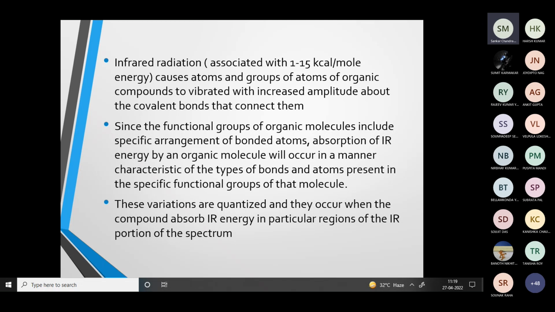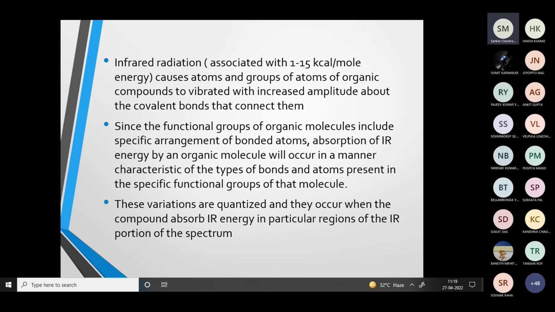Spectra is the plural and spectrum is the singular. Okay, since the functional groups of organic compounds include specific types of bonds, always remember within the compound, carbon hydrogen bond, carbon nitrogen bond, or carbon carbon, their stretching frequency, that means at which wave number they absorb energy, differs from compound to compound, but has a particular range, so that is very, very important.